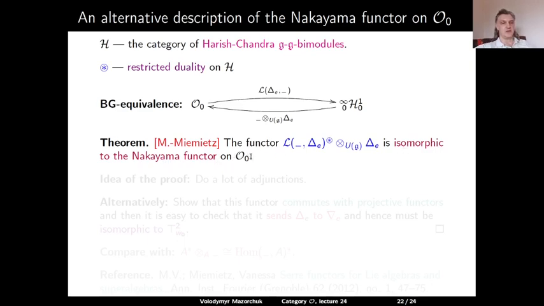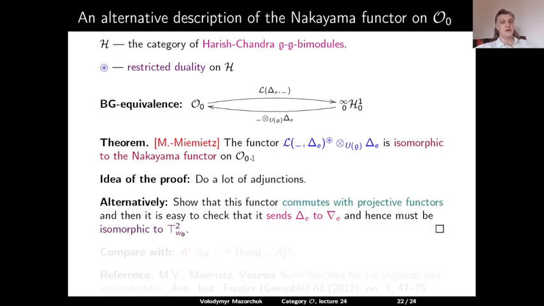functor on O0. So one of the ways to prove this is to do a lot of adjunctions. Alternatively, one can show that this functor commutes with projective functors, and then it is easy to check that it sends the dominant Verma module delta E to the dominant injective module nabla E, and hence it must be isomorphic to TW0 squared.